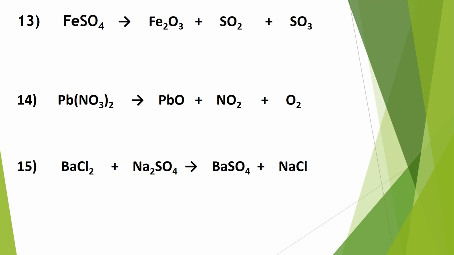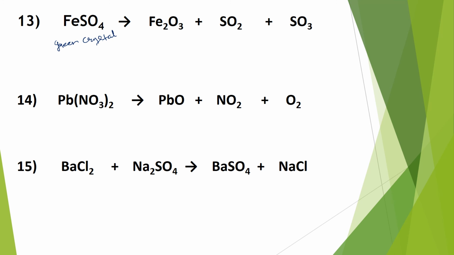Here we are going to balance 3 more equations. Ferrous sulfate. You have to remember this again comes in the next topic, that is types of chemical reaction. In that also you will get the same example. Ferrous sulfate, which is a green colored crystal.